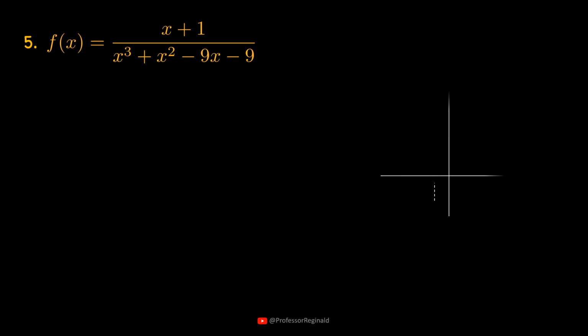Number 5. f of x equals x plus 1 all over quantity x cubed plus x squared minus 9x minus 9. Solution.